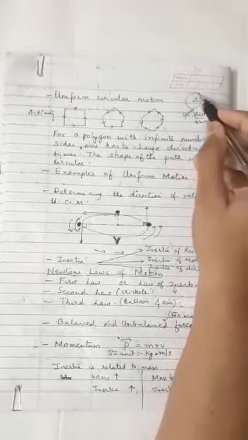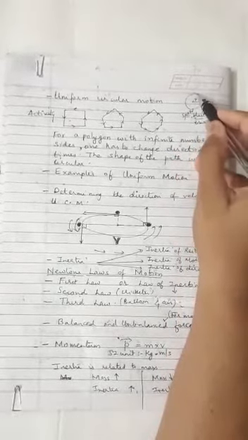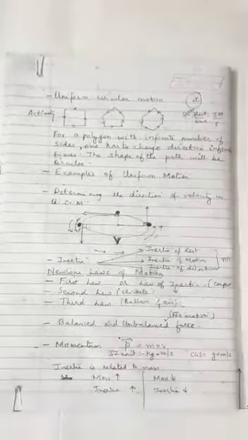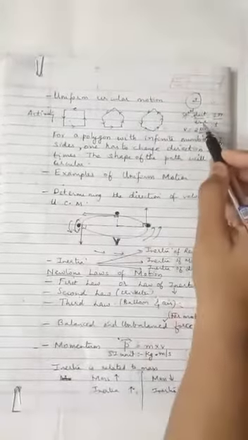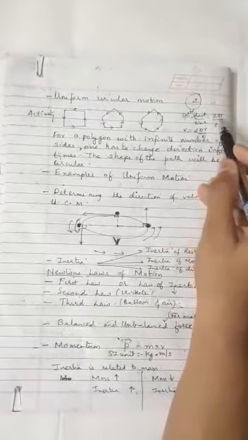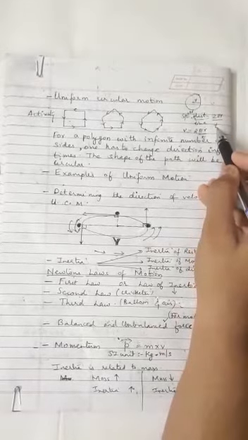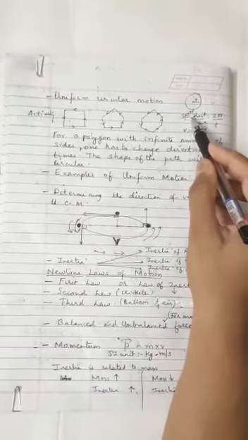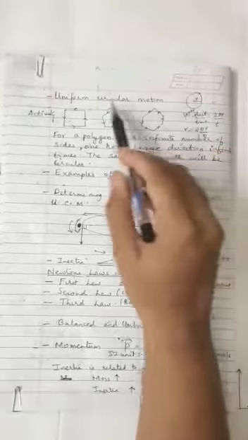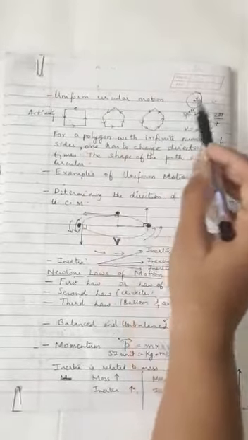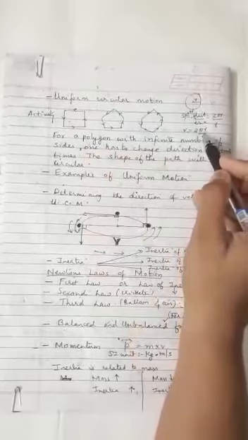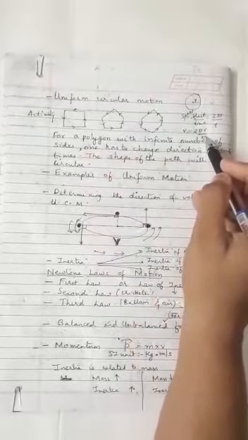And here you can see speed is 2 pi r upon t. So speed is going to be equal to velocity because the motion is uniform. Therefore v is equal to 2 pi r by t.